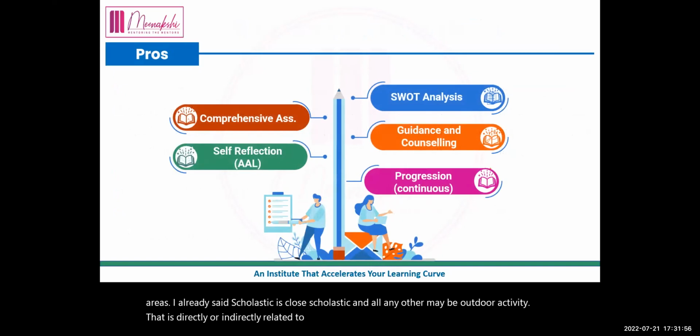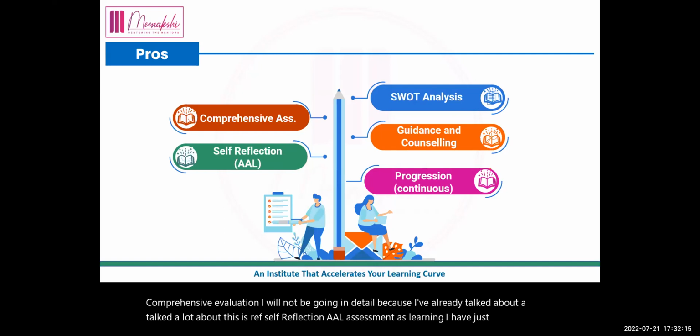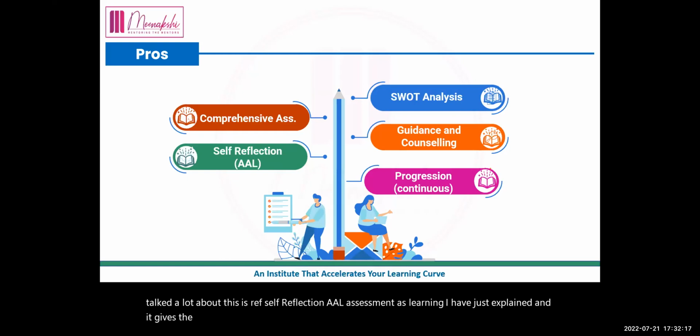Okay, so now what are the pros of this portfolio comprehensive evaluation? I will not be going into detail because I've already talked a lot about this. This is self-reflection, AAL, assessment as learning. And it gives the child a SWOT analysis: strengths, weaknesses, opportunities, and threats.